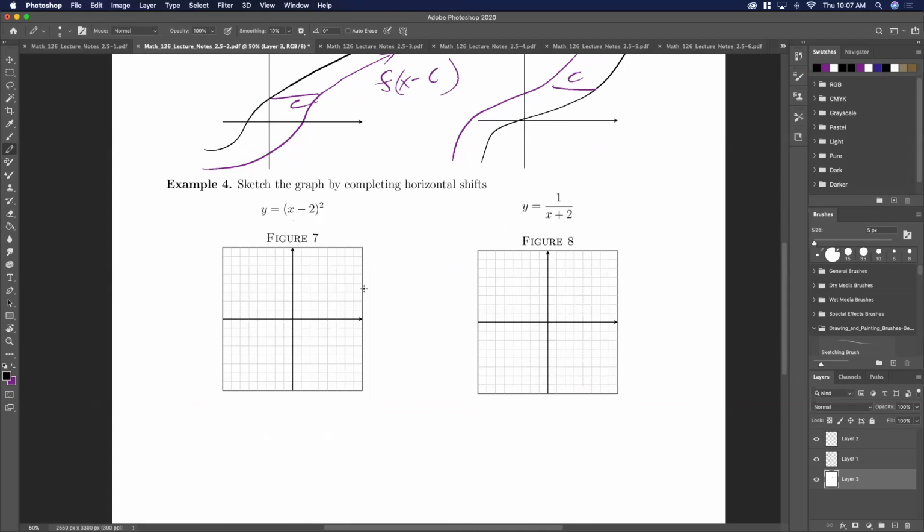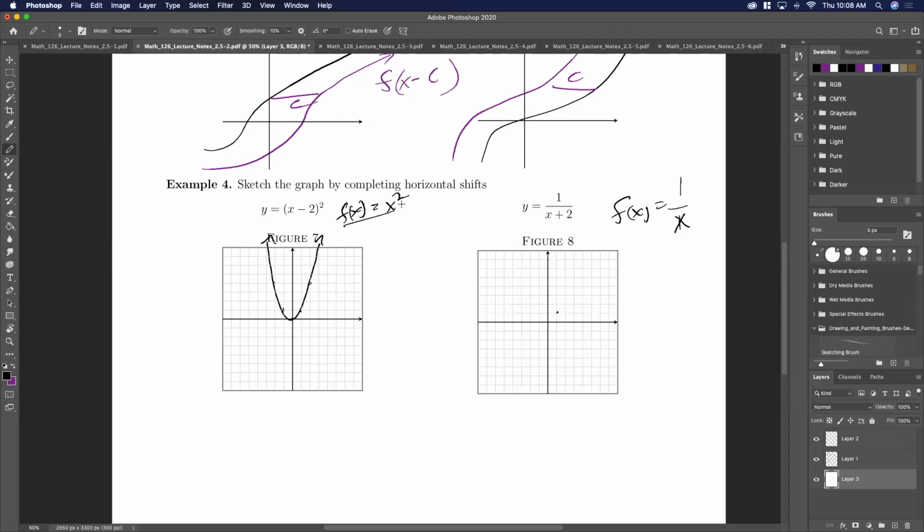All right, let's go back to the black and draw in our two standard graphs here. Here's my x squared, the original graph, and here the original graph is 1 over x.